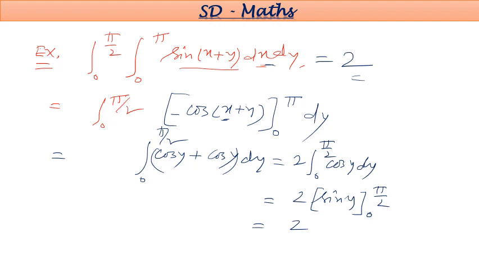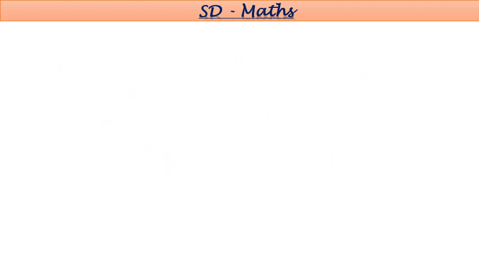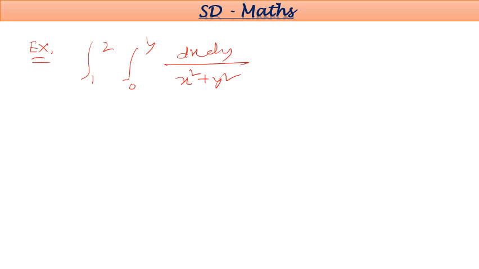Now I will go for our next problem. Now look at the next problem. The next problem is 1 to 2, 0 to y, dx dy by x square plus y square.